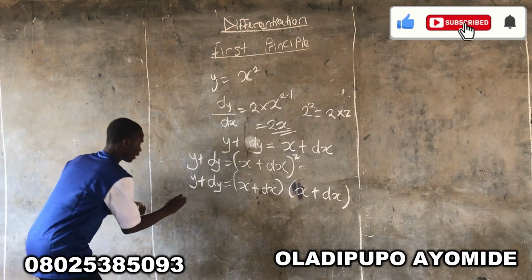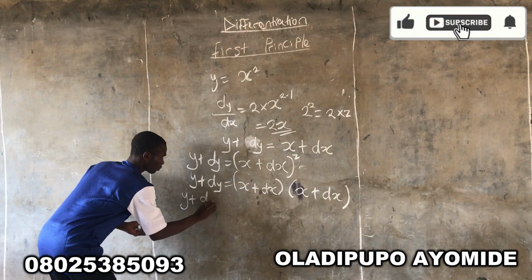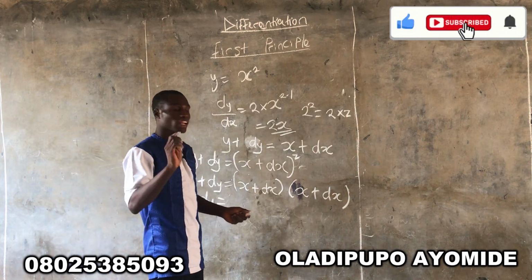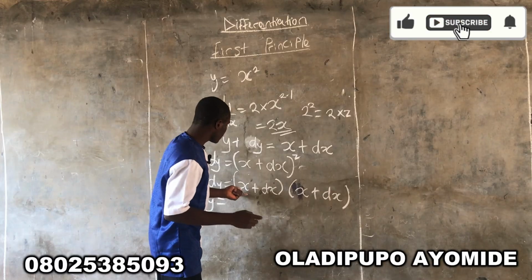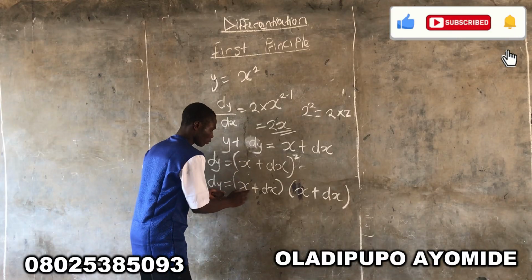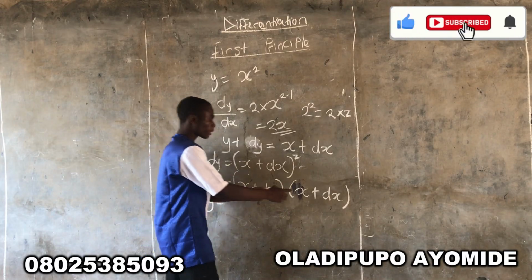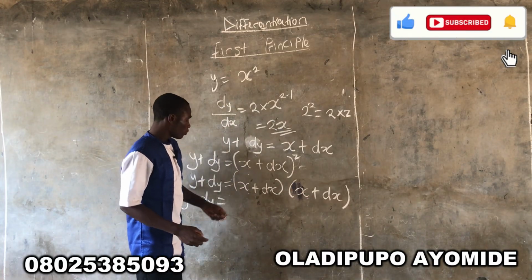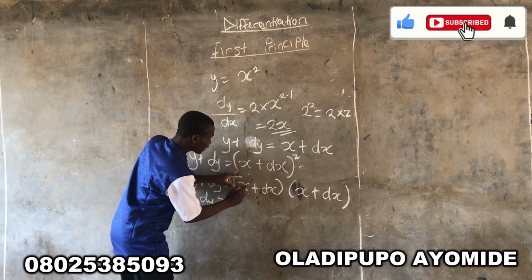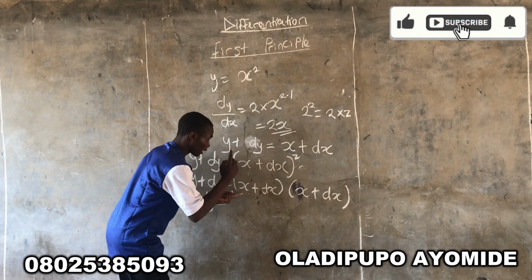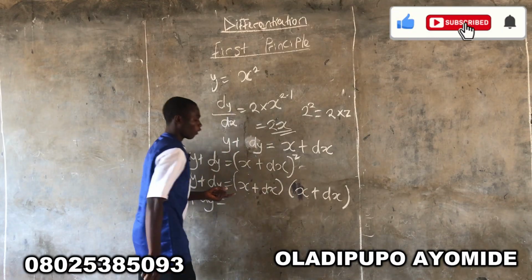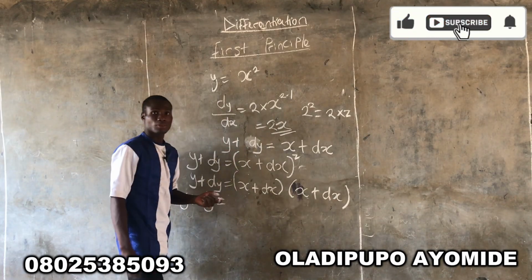Then y plus dy is equal to, now we use every value in this bracket to multiply every value in this bracket. I say again, each value in this bracket multiplies each value of this bracket.